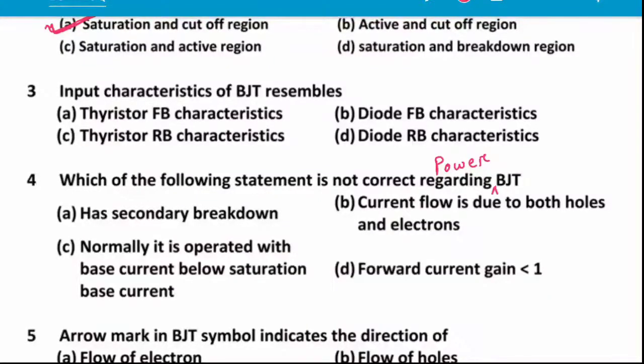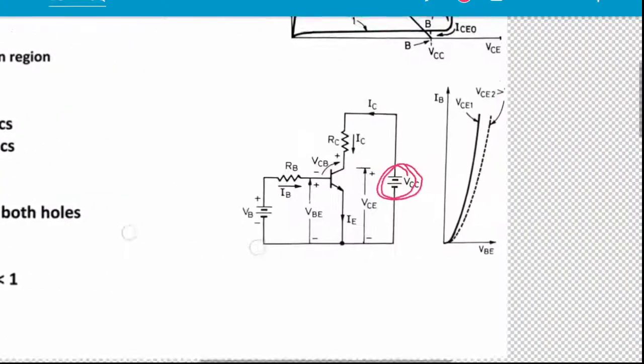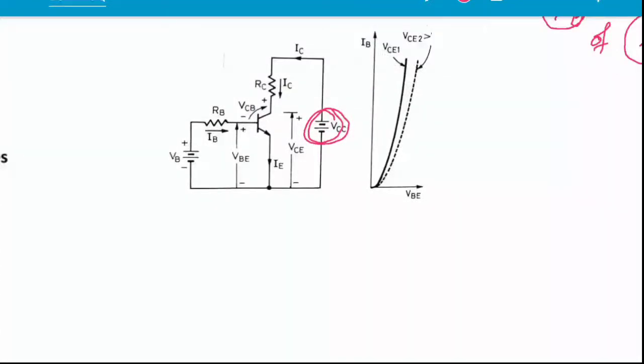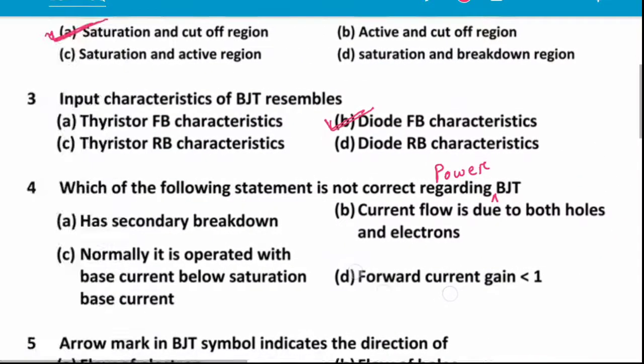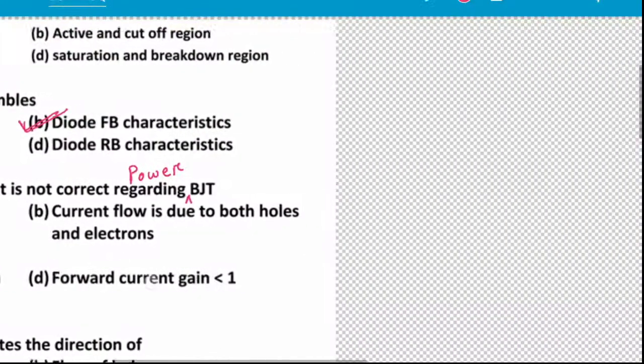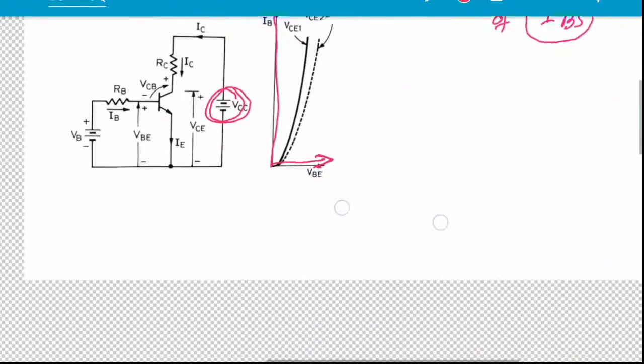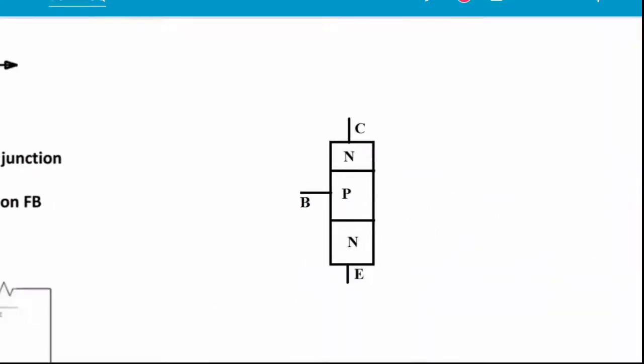This is the diode forward bias characteristic, because this one is the input characteristic, that means VBE versus IB, and the input circuit is nothing but a PN junction.